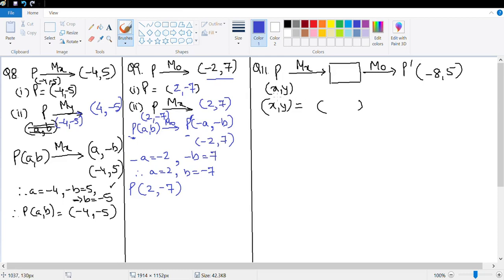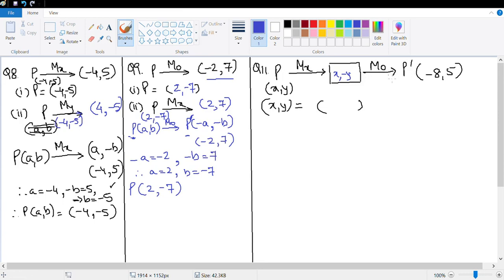Question 11 says the point P(x, y) is first reflected in the x-axis. So if it's reflected in the x-axis, what will happen? The sign of the y coordinate changes, which means this will become x comma -y. And then reflected in the origin to give you p dash. So when you do reflection in origin, what do you get?